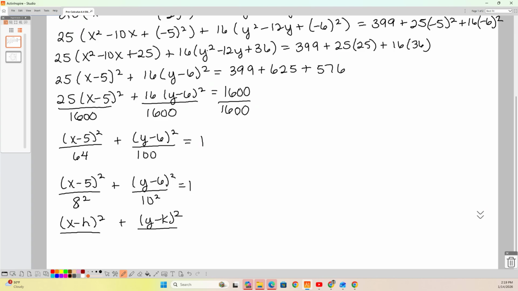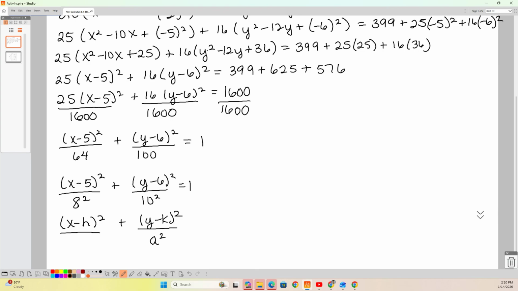Okay, so the larger denominator is going to be a squared. So the larger denominator is 100, the smaller denominator is 64. The larger denominator is underneath the y squared term, so our a squared is going to be underneath the y squared term. So a squared equals 100.